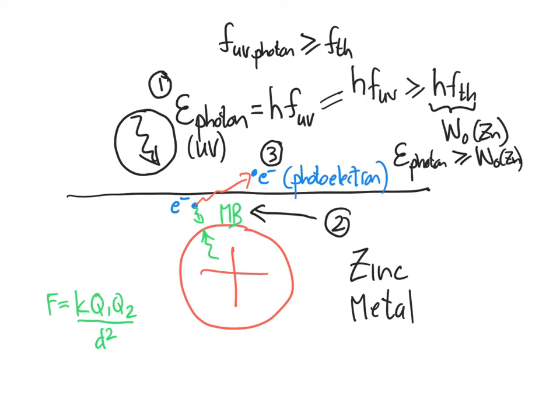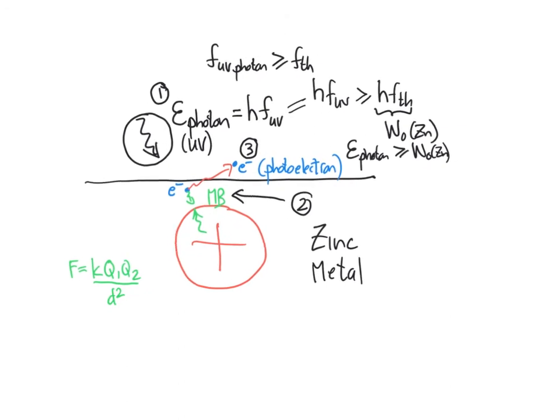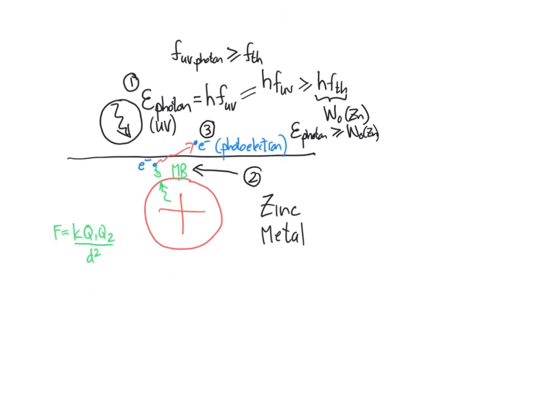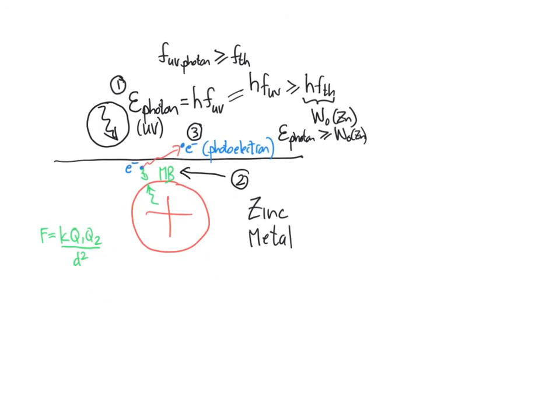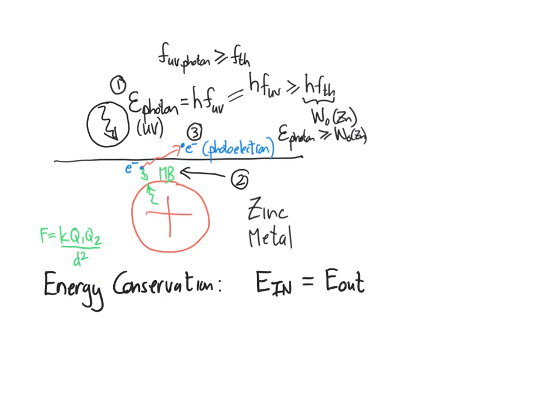Now, Einstein developed an equation which we are going to use in order to solve photoelectric effect problems in this course, and he used energy conservation. And the way I'm going to put this forward is as follows: the energy in is equal to the energy out.